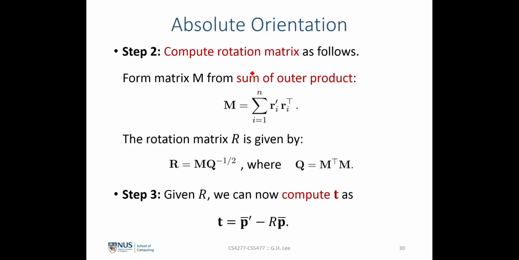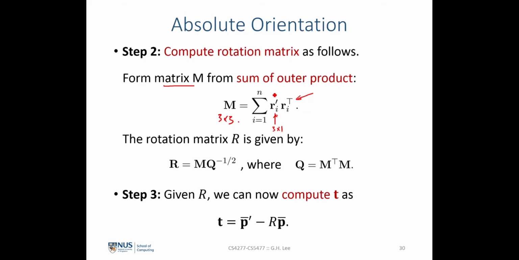We can do this by first computing a matrix M. This is actually a 3 by 3 matrix by simply summing up all the product of the points after removing the translation. So this here, it's actually the point in the camera frame, which is a 3 by 1 vector.